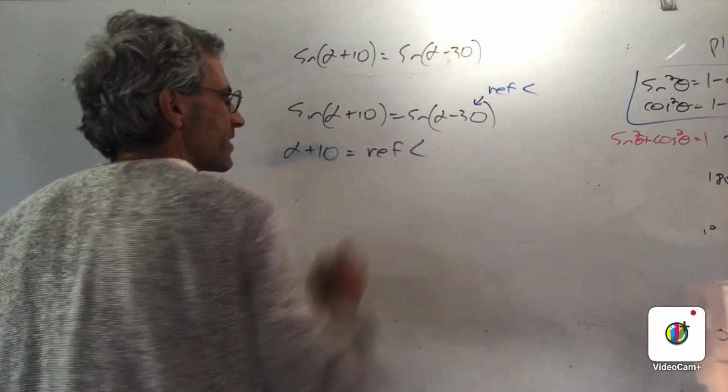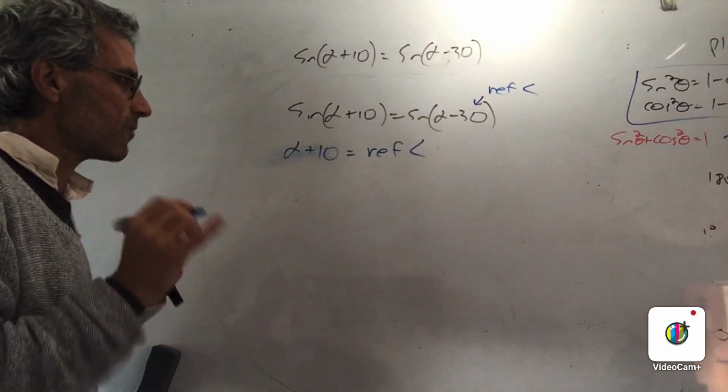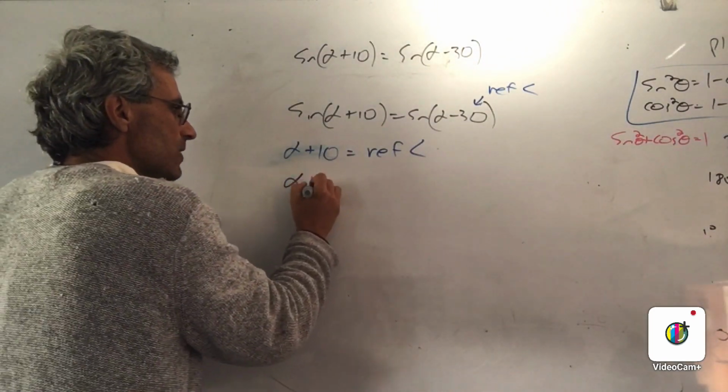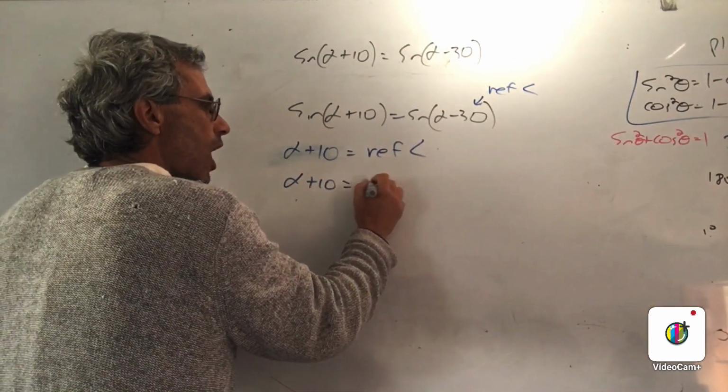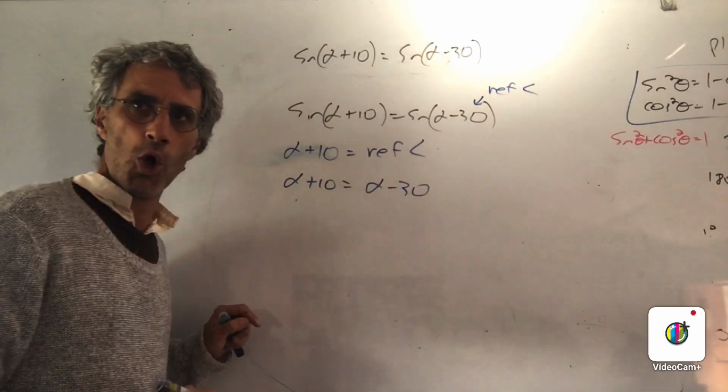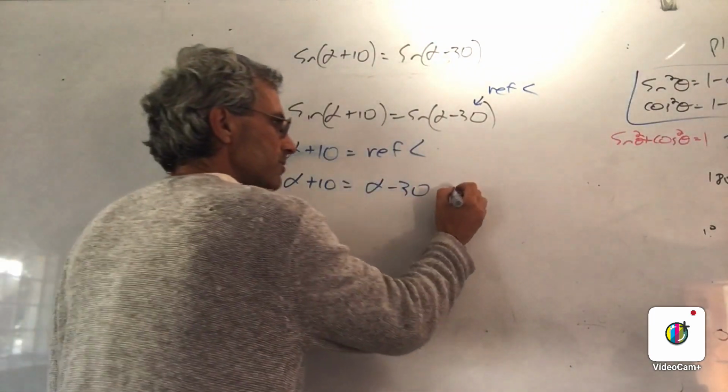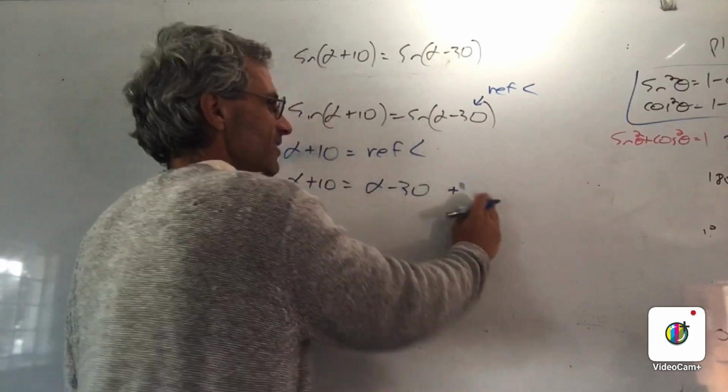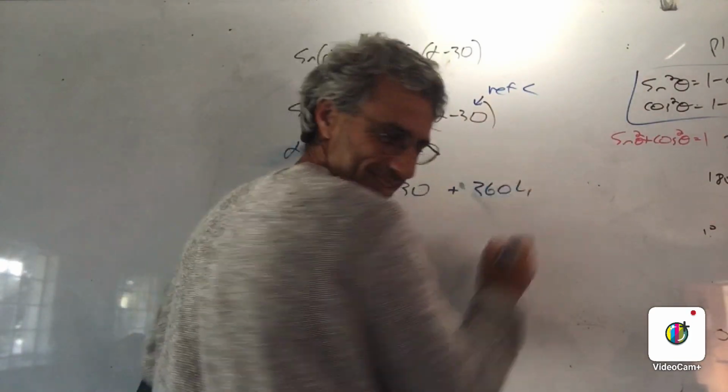You don't need to write that down, this is just a reminder. So really it tells you that alpha plus 10 is equal to alpha minus 30 plus 360k.